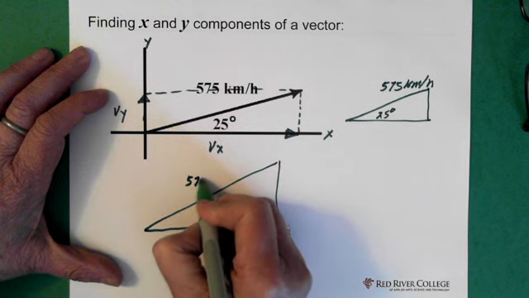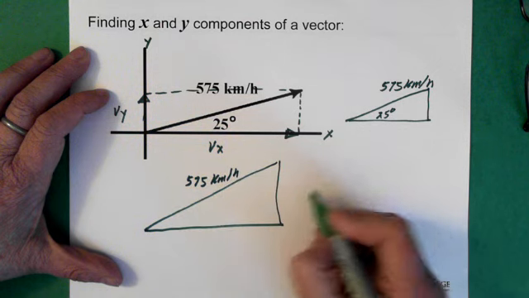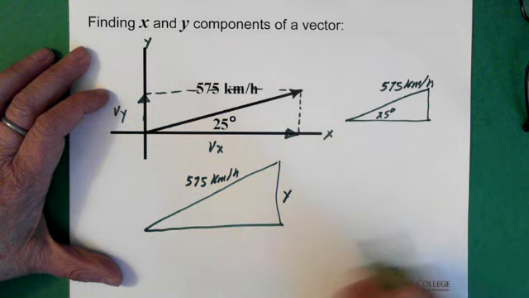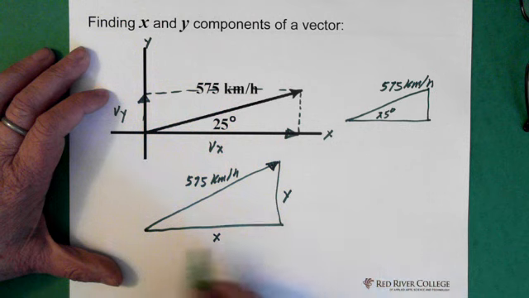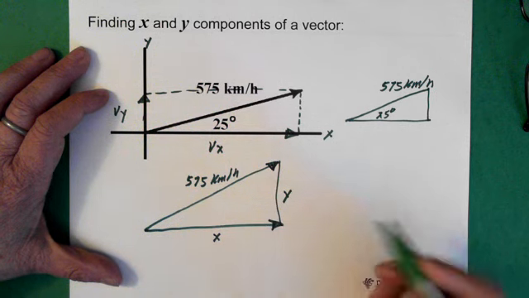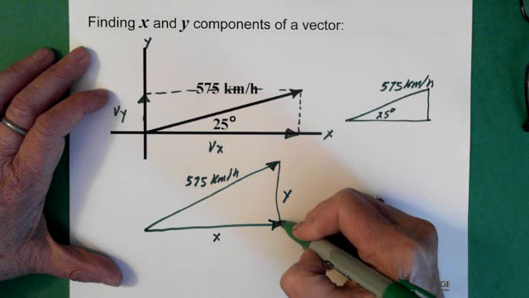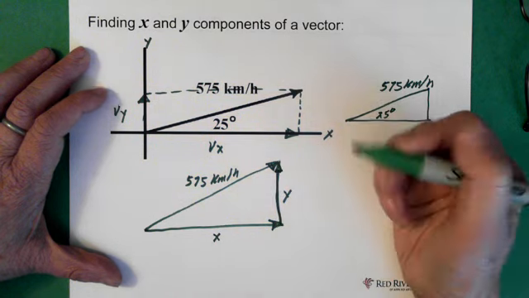So 575 kilometers per hour. Here's our y. Here's our x. The arrow was going in this direction, so the arrow for the x is going in that direction, and the arrow for the y is going in that direction.